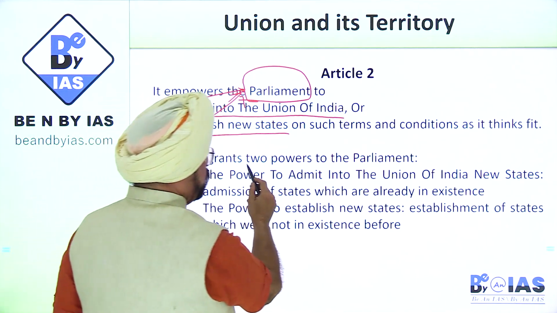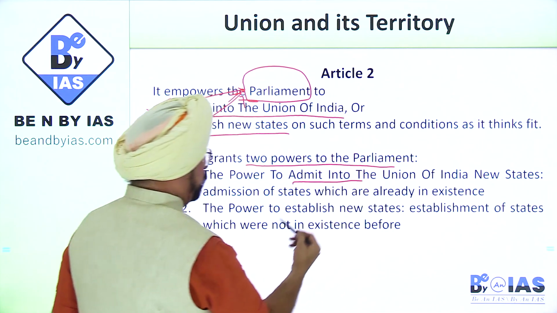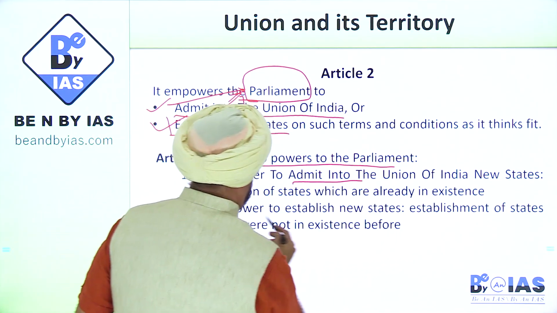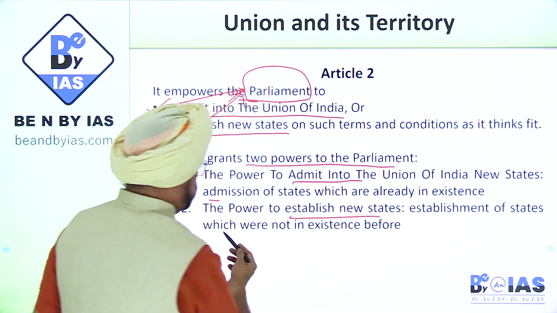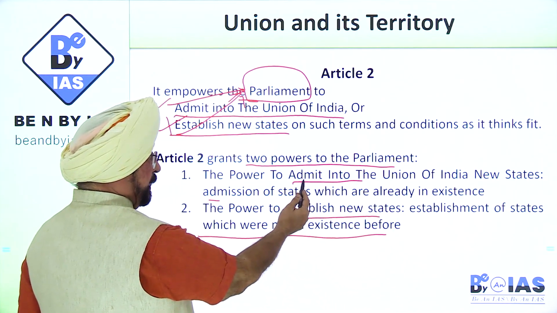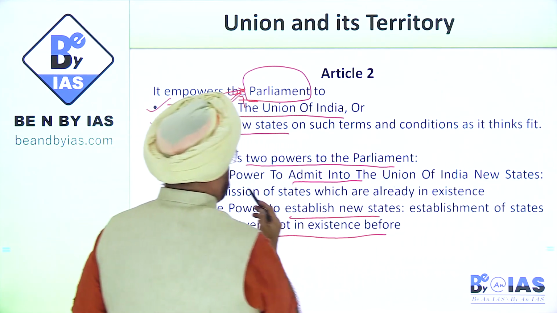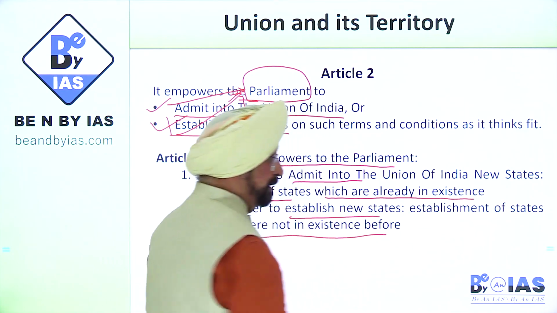Article 2 grants two powers to the Parliament: the power to admit and the power to establish new states, establishment of states which were not in existence before. Whereas in the case of power to admit into Union of India new states is the admission of the states which are already in existence.